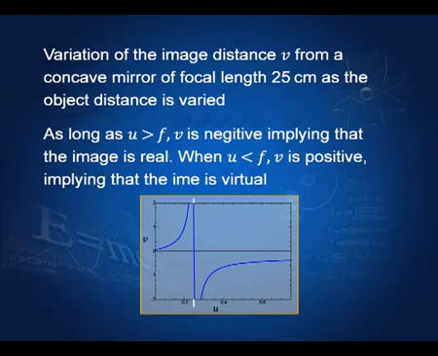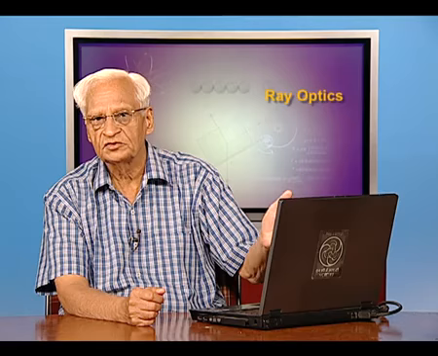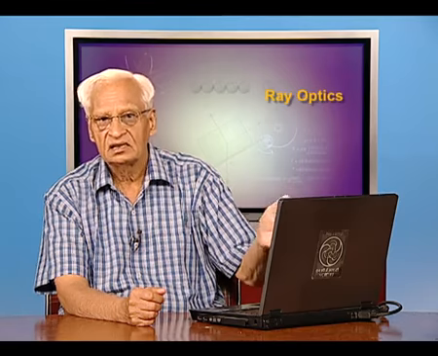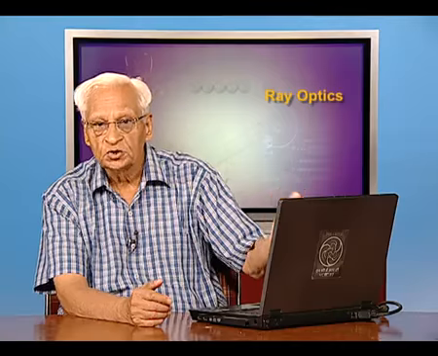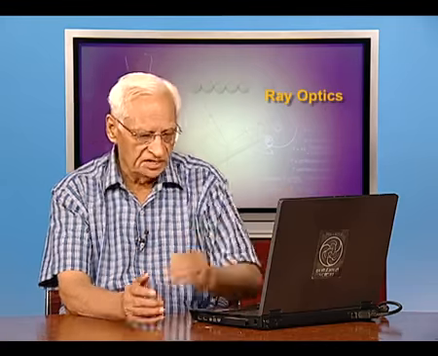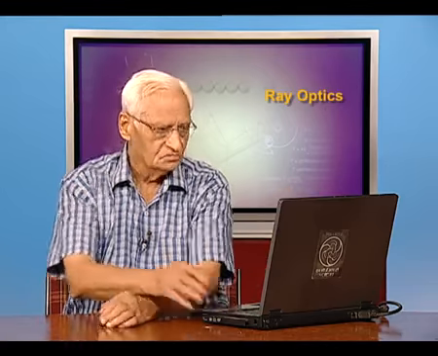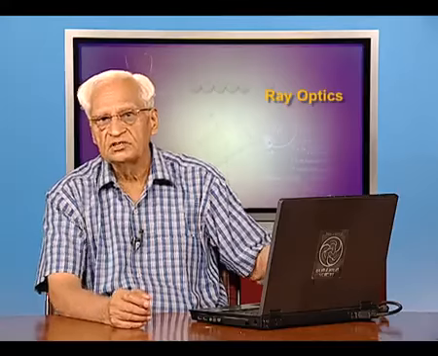That means the image is always real. When u is less than the focal length, that is, the object is nearer to the mirror than the focal length, then v becomes positive, showing that the image is virtual. Let us try a few examples.